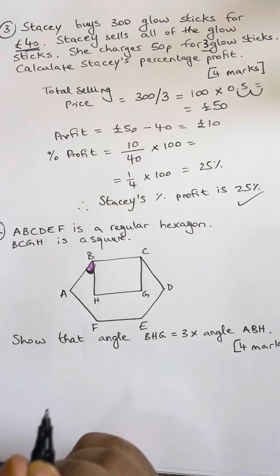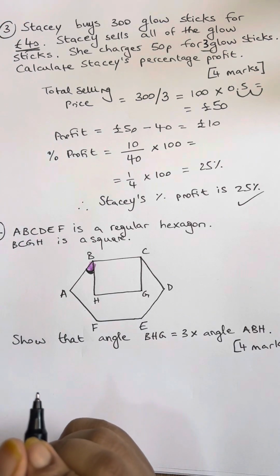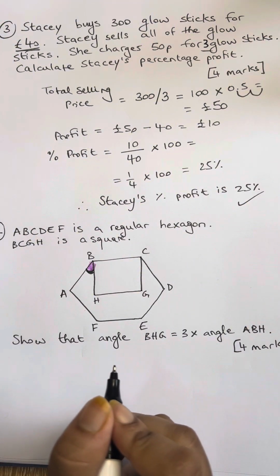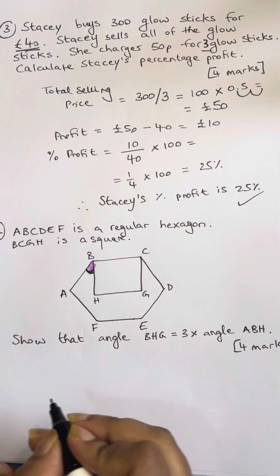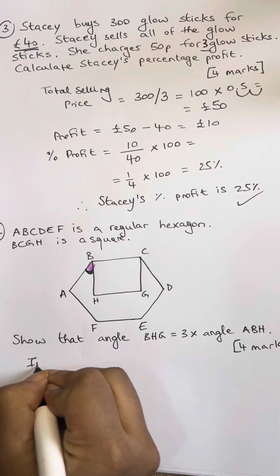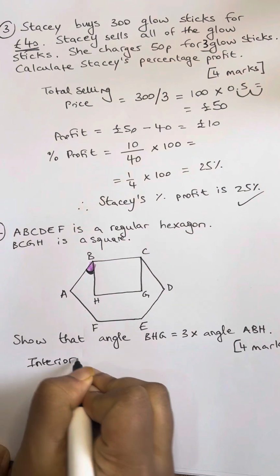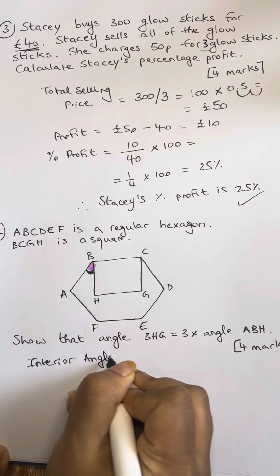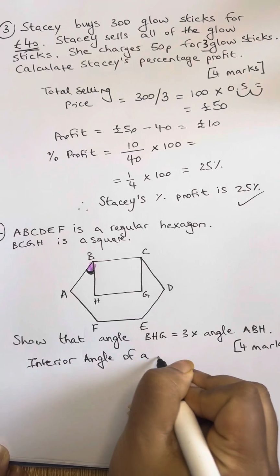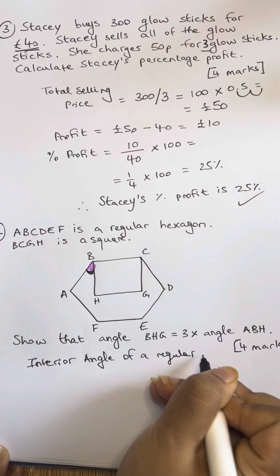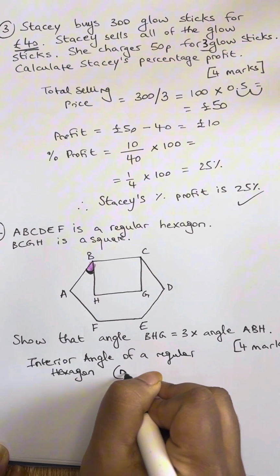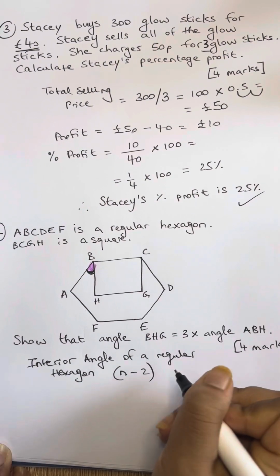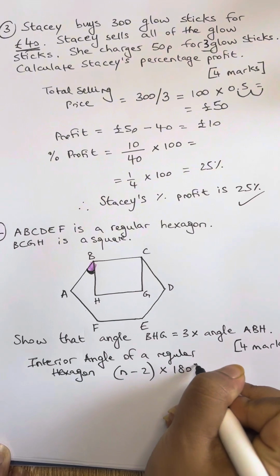So the first thing that I need to do is calculate the interior angle of a regular hexagon. The formula for the sum of the interior angles is (n minus 2) multiplied by 180 degrees.